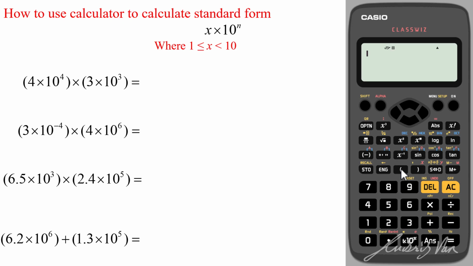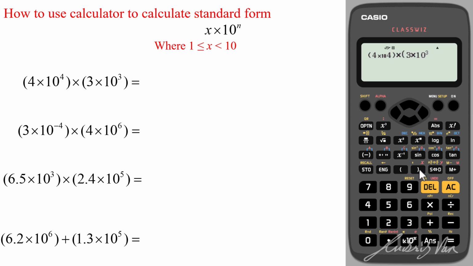So first question, we bracket 4. Now this one is the standard form times 10 to the power of x. We can press this, then you will see times 10. Then you can just press the power 4, close bracket, times bracket 3, or the second format, you can just press times, then power 10 to the power of 3.